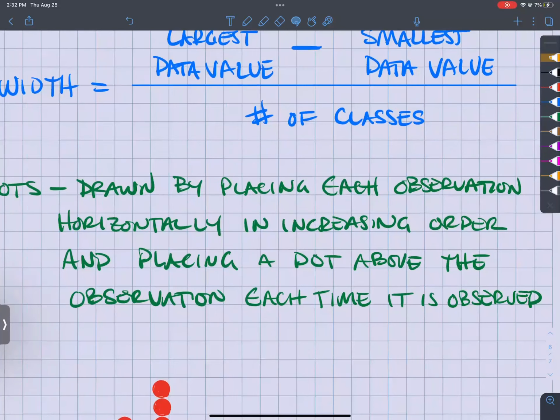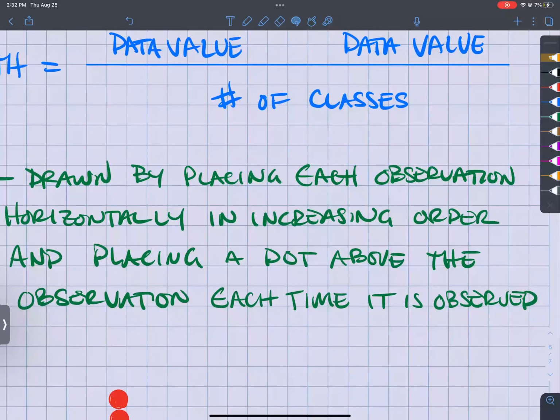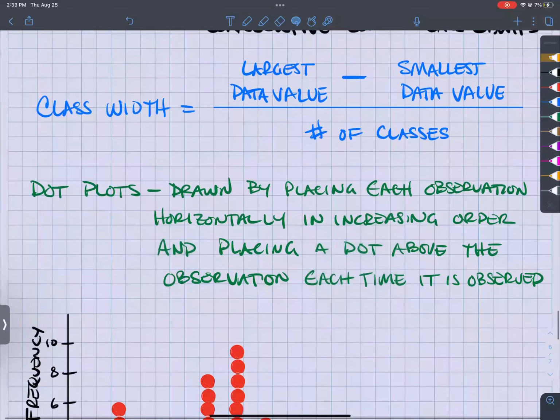Because it says drawn by placing each observation horizontally. So that means I've got to put individual numbers down. I can't put a class down and have that as an observation. So by the sounds of this definition, it's going to be individual.